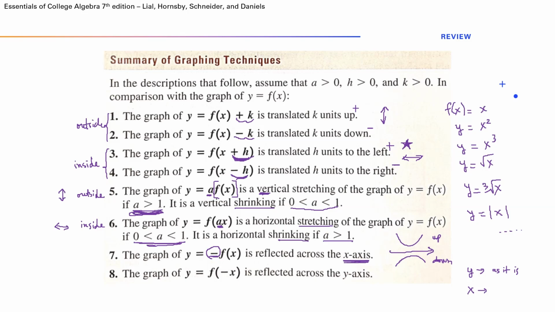Reflected across the y-axis is when it's inside. If we have something like that on the left, it will be reflected to the right. So it's left and right.